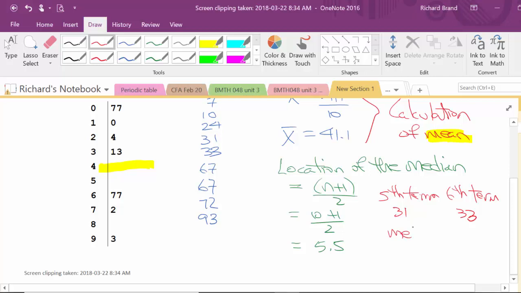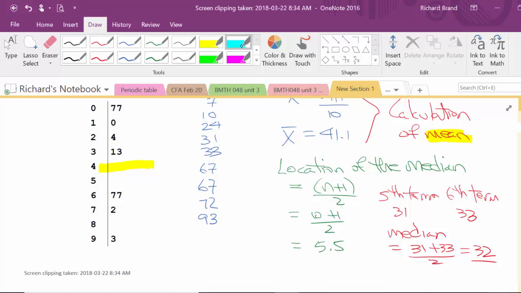So the median will be 31 plus 33 over 2, which is equal to 32. So the median is 32. It's down here somewhere.